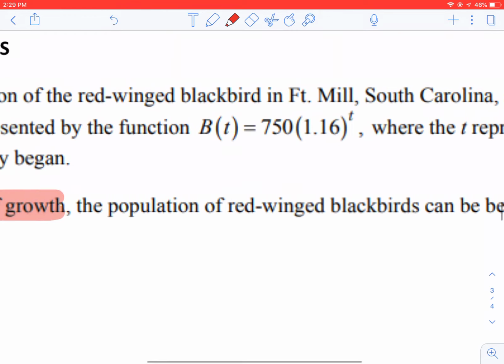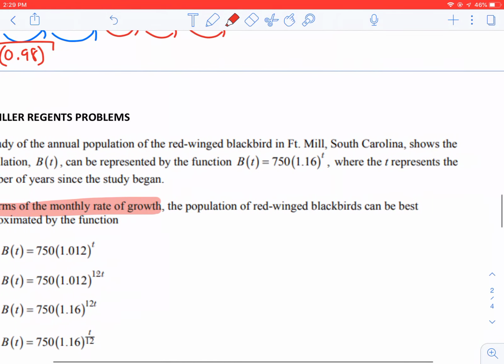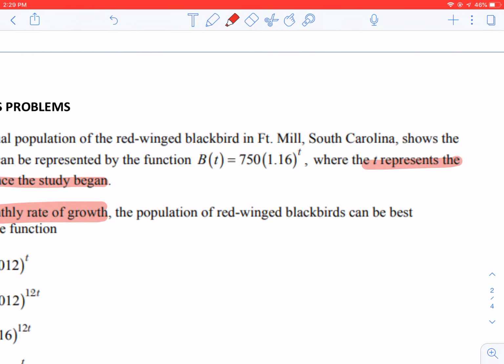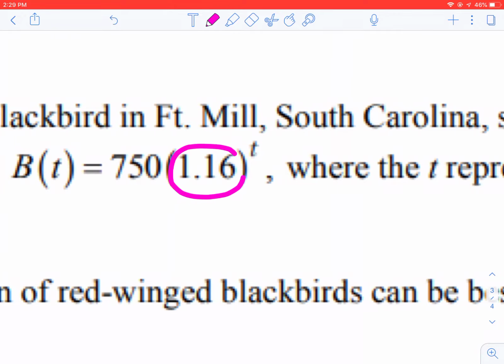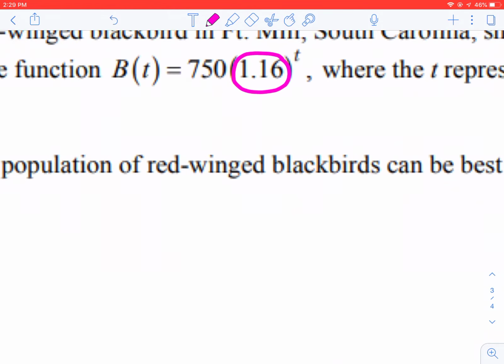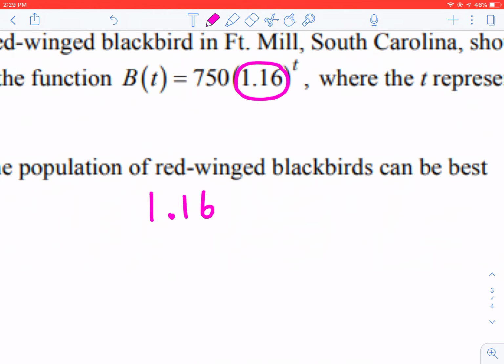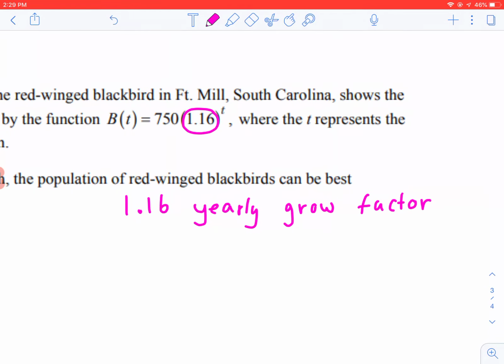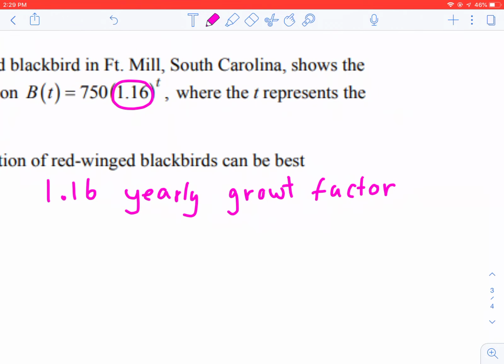So it's telling us T represents the number of years since the study began. So in this original equation, they're giving us the yearly growth rate and the yearly growth factor, right? So 1.16, that is our yearly growth factor. We're multiplying by that each year. So what do we multiply by each month?